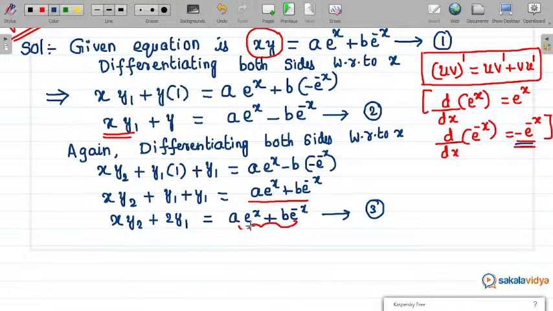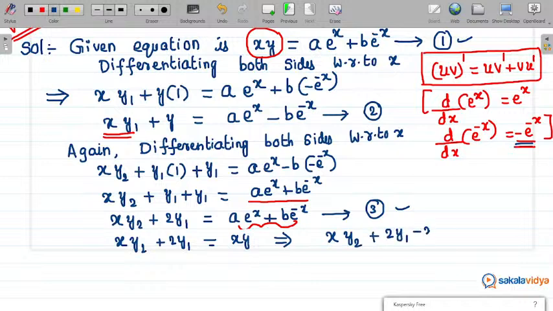Now actually from equation 1 and 3 what do we write? xy2 plus 2y1 equal to xy we can write. Bring xy this side: xy2 plus 2y1 minus xy is equal to 0.